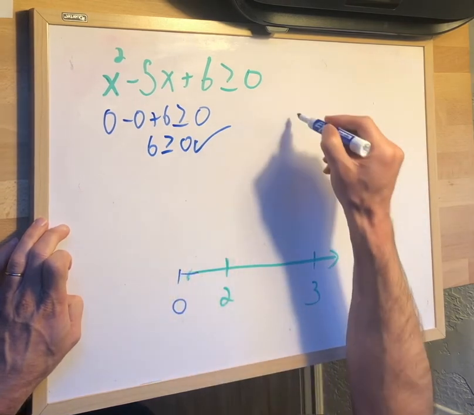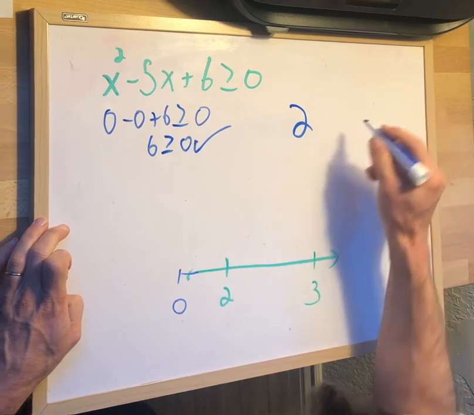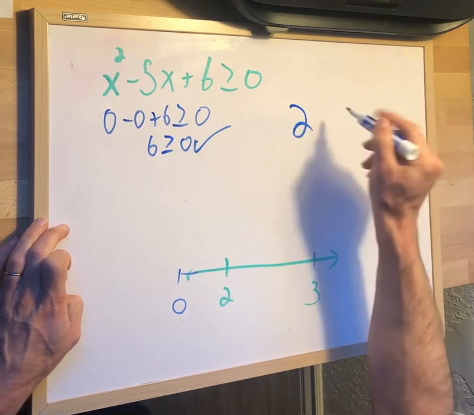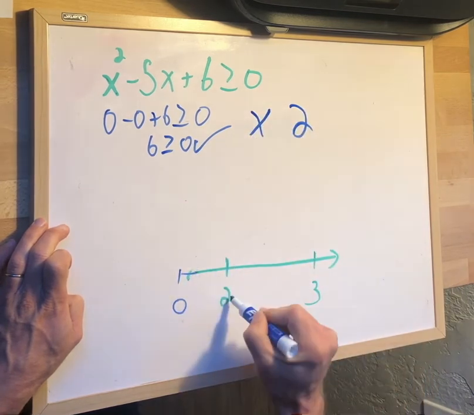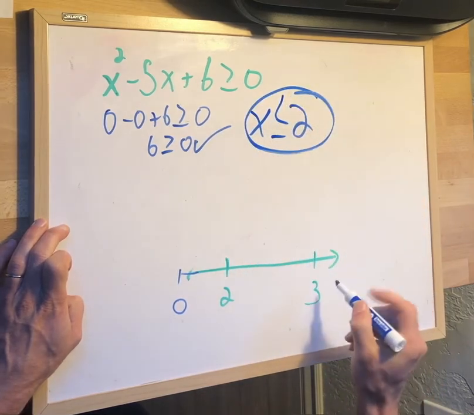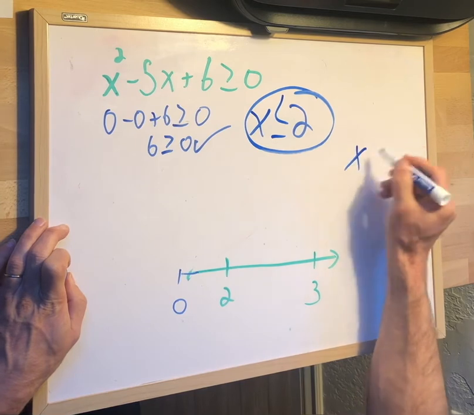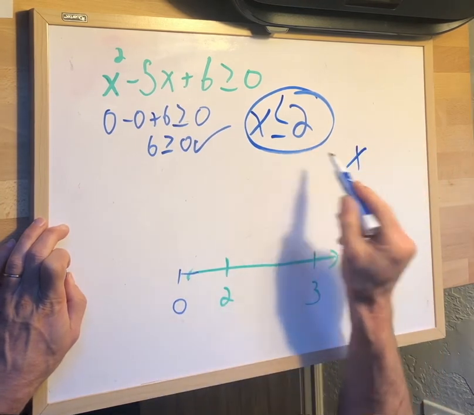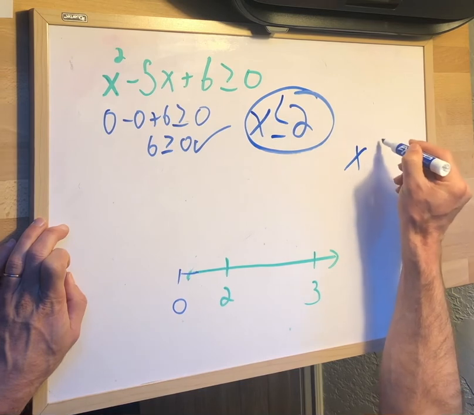So with my answer of 2 and with my answer of 3, I know that, starting from 2, x is less than or equal to 2. But I can't say that x is less than or equal to 3.